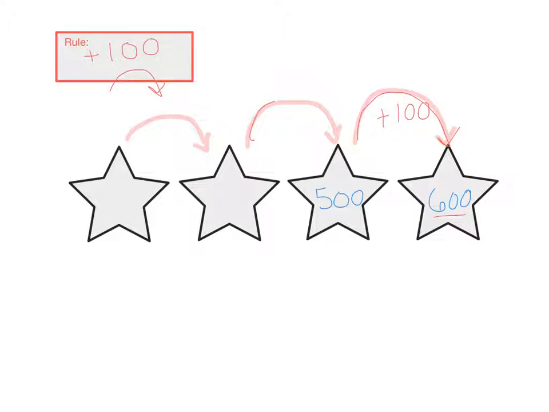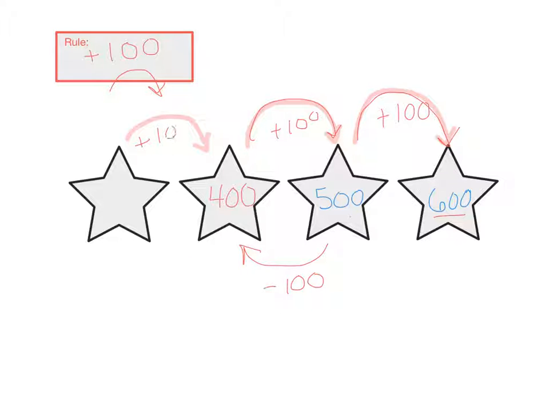So we know that something plus 100 will give us 500. We can also work in the reverse and think about 500 minus what? 500 minus 100 will give us what? That's right, 400.